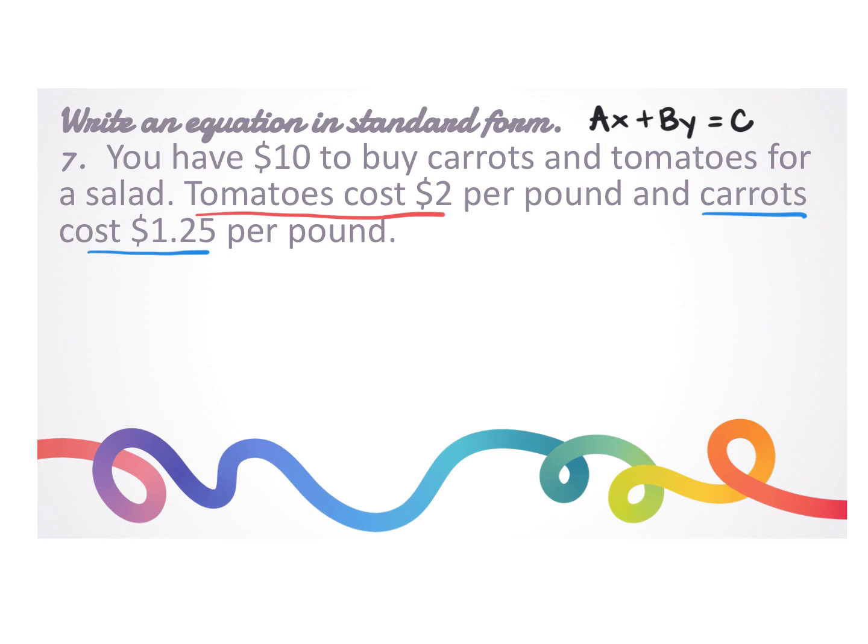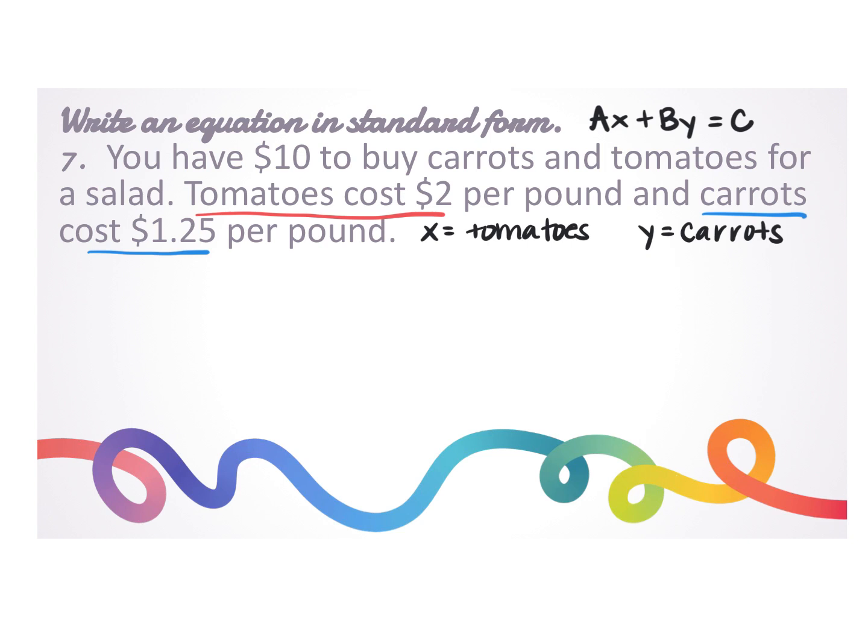Okay, so here, because we have carrots and tomatoes, we need an x and a y. So I'm just going to say x equals the tomatoes, and y equals the carrots. Just like the slides before, we're going to put our x first.